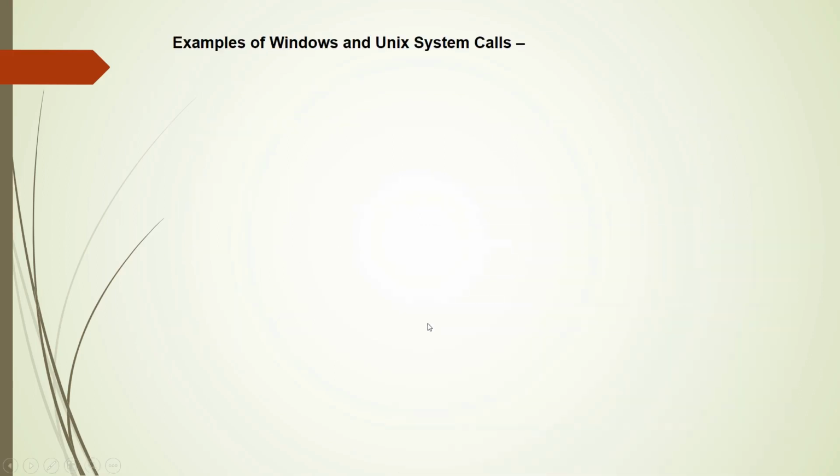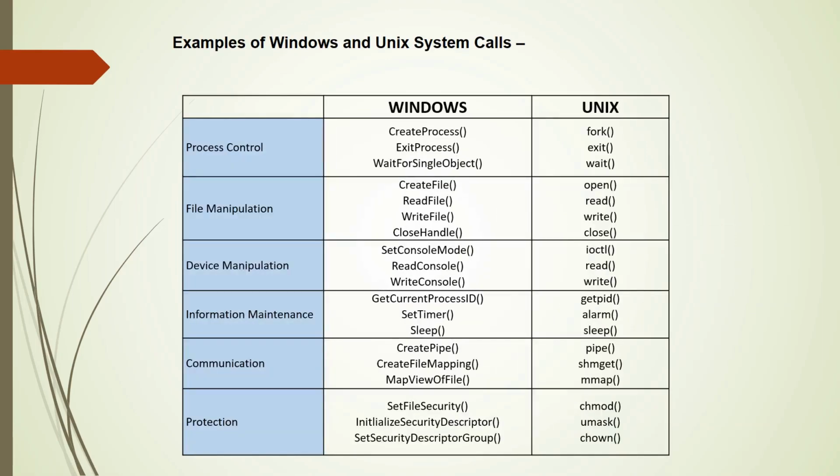Now let us look at some examples of Windows and Unix system calls. In this example, we see process control system calls for Windows and Unix, file manipulation system calls, device manipulation, information maintenance, communication, and protection.